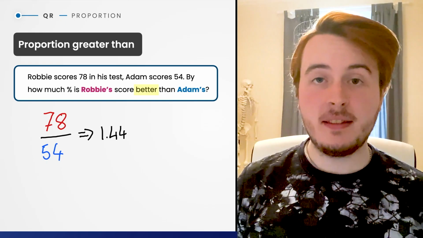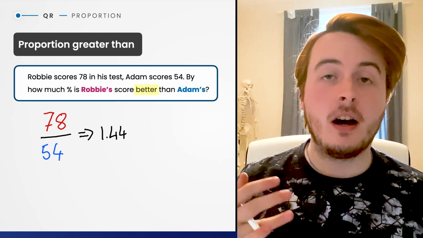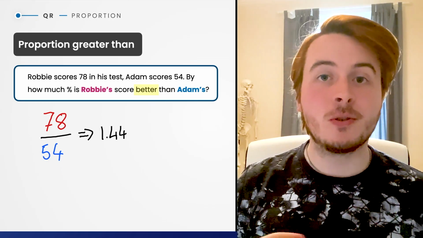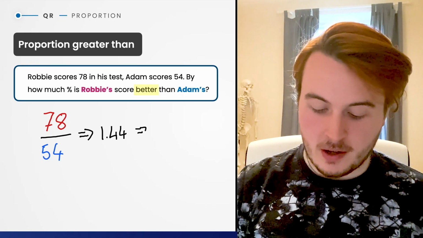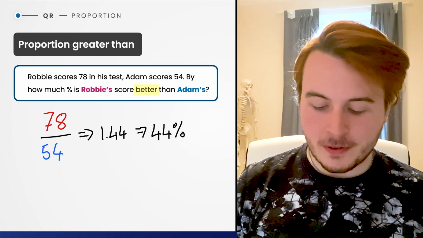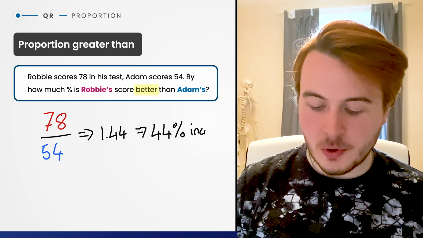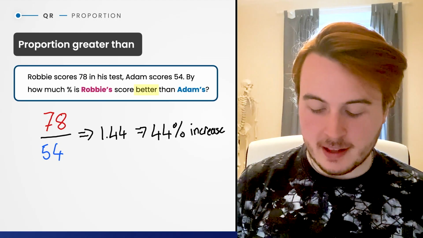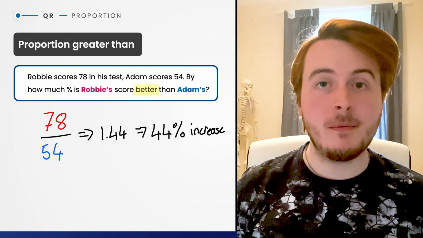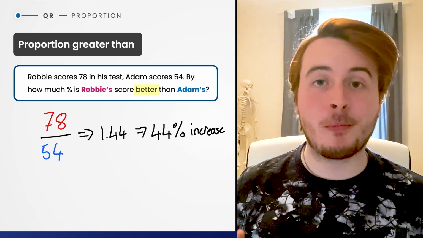To convert that to a percentage, we think of it as 100% plus 44% on top. So it's a 44% increase, or 44% better. Hopefully you can see the similarities to our multiplier method from the last lesson: that 1.44 is our multiplier, and we change it to a 44% increase.